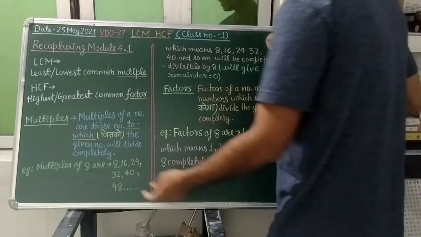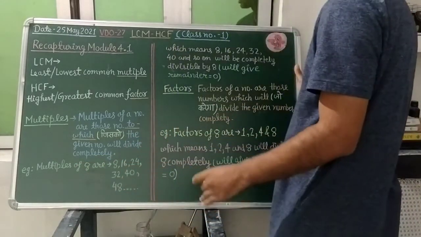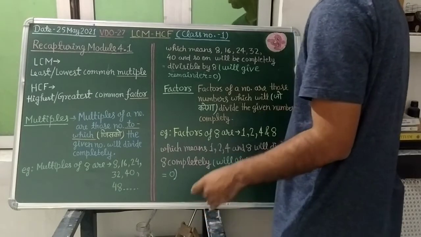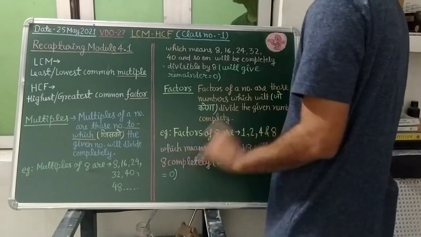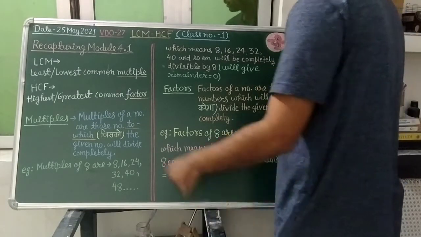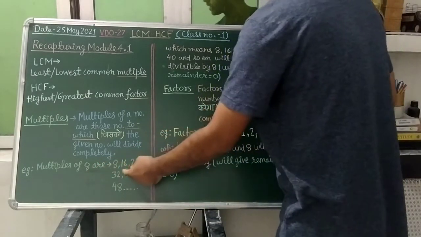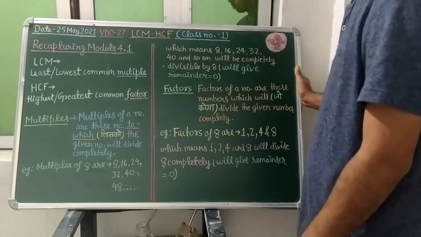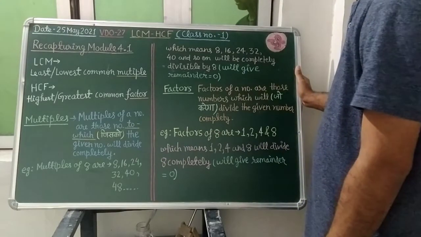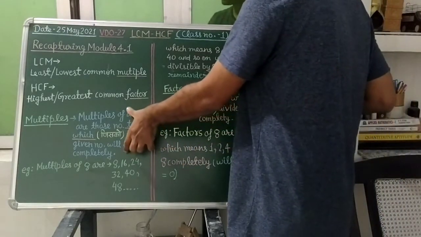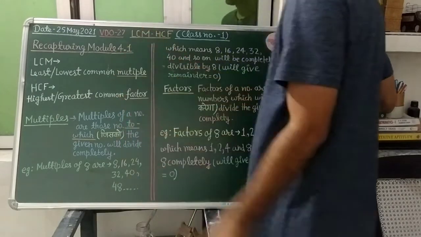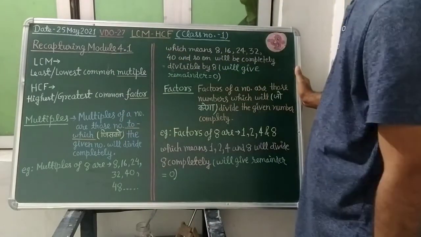So if you are writing the multiples of 8 or any number, what will you do, students? You will read out the table of that number. 8 1s are 8, 8 2s are 16, and it will go on. So what is the definition of multiple telling us?